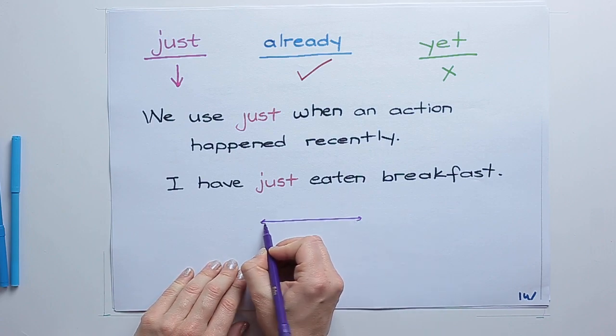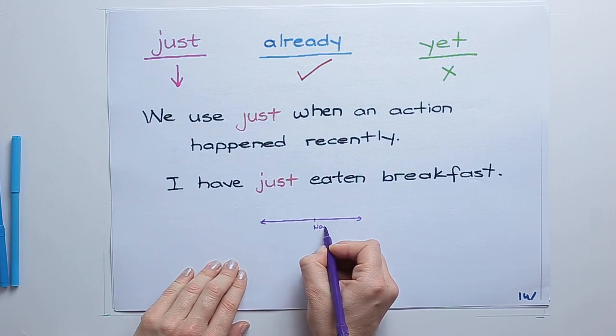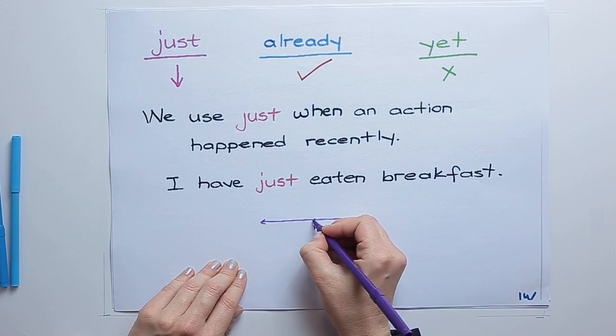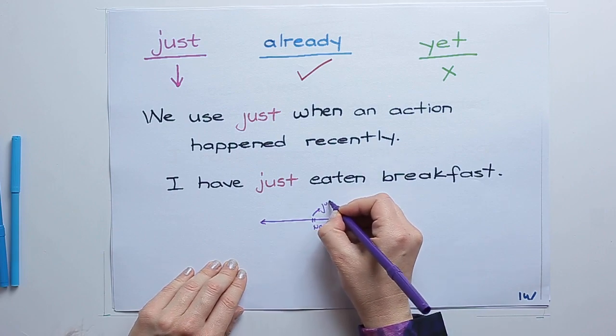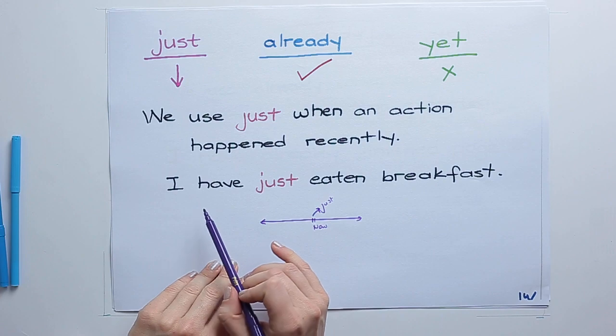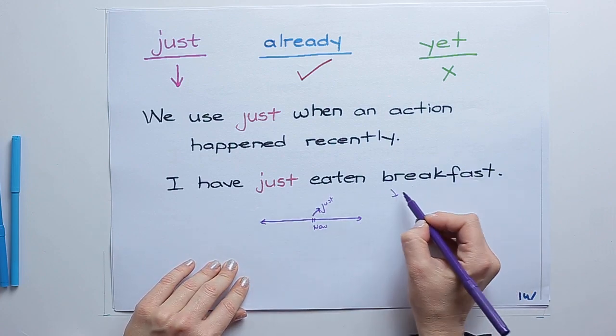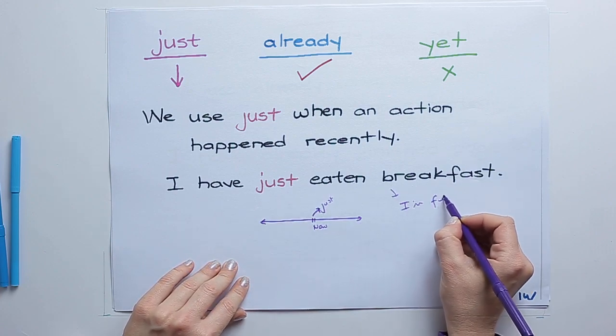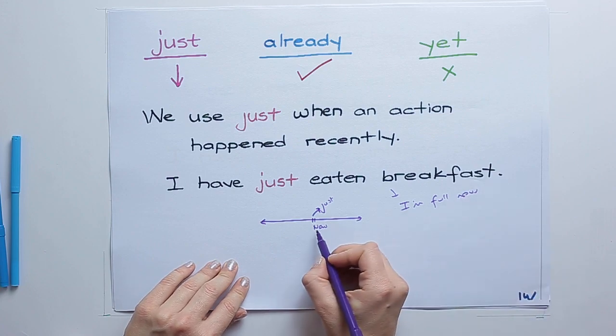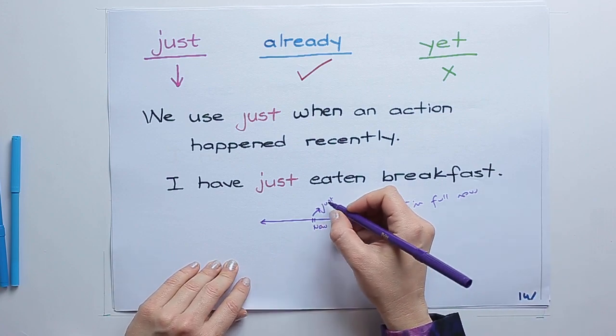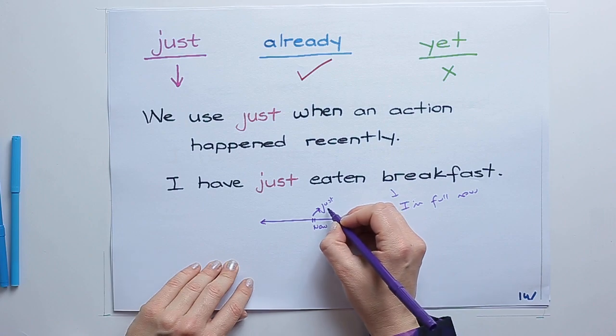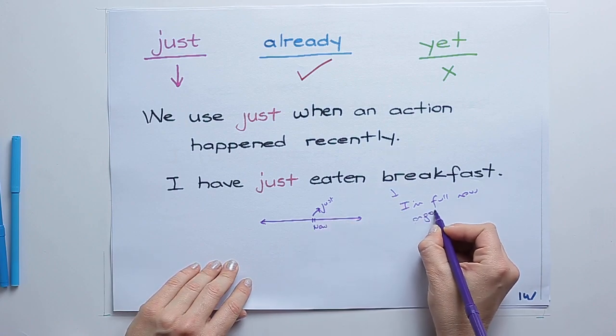If I show this on a timeline, it's happening now, but since it's close here, we're using just. I have just eaten breakfast. That means that I am full now. The process and the action's effect is still ongoing.